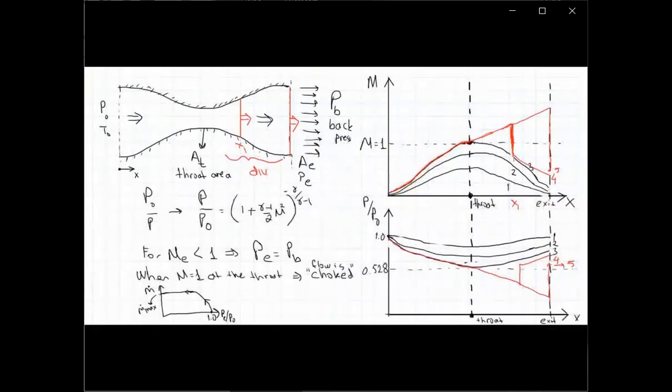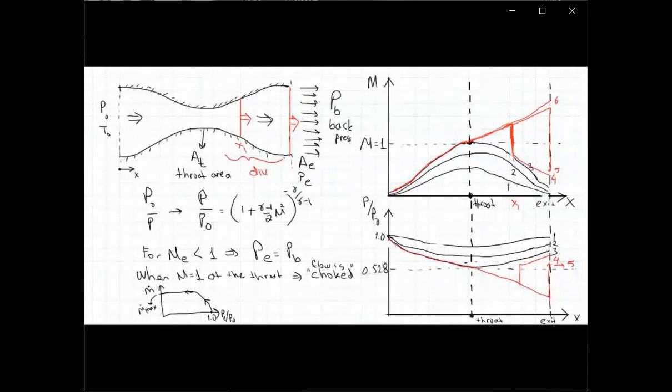The downstream condition will now reach a proper exit pressure, such that it will be slightly lower than 5. So let's call it 6. Now it's going to be a much lower static pressure compared to 5.